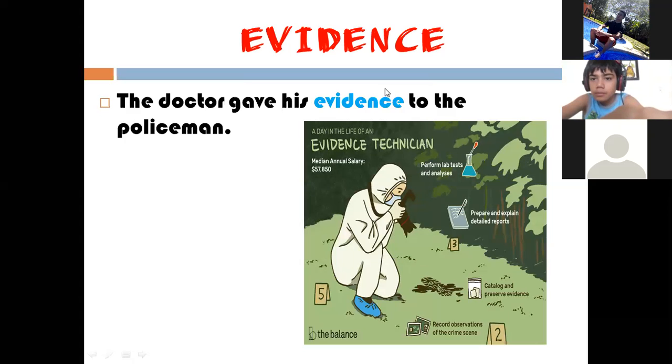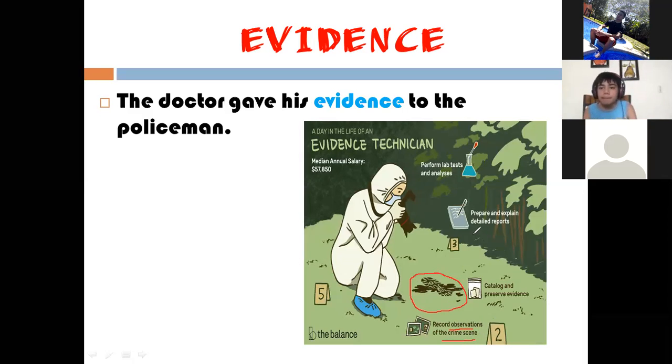Good, thank you guys. So imagine, step number one. Let me see. So he's taking pictures, right? So here are the footprints. And then number two, they record observations of the crime scene.